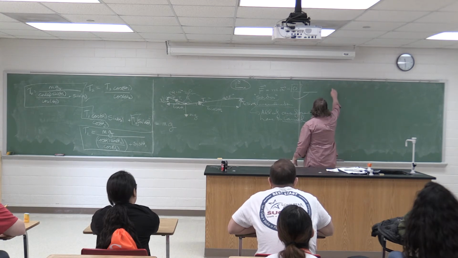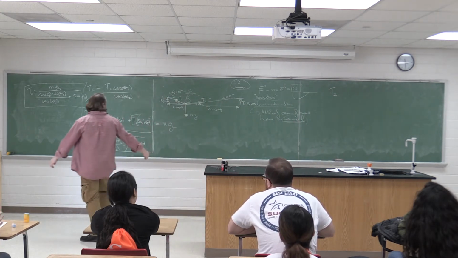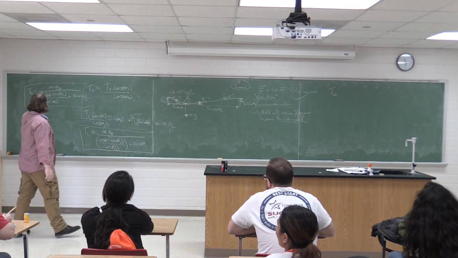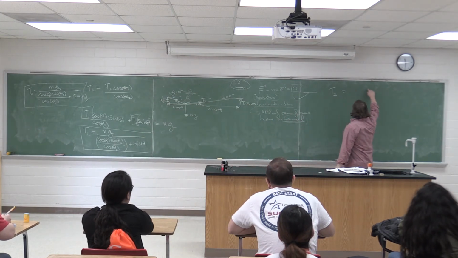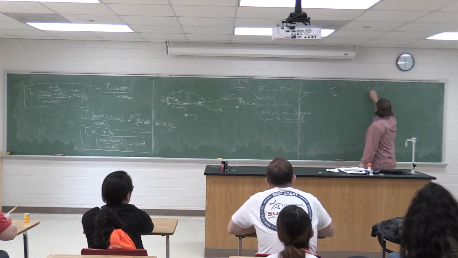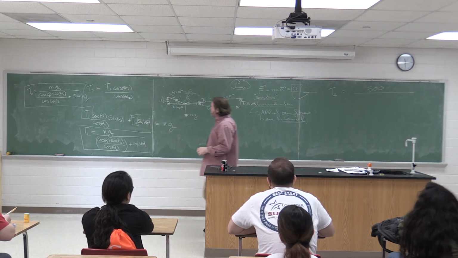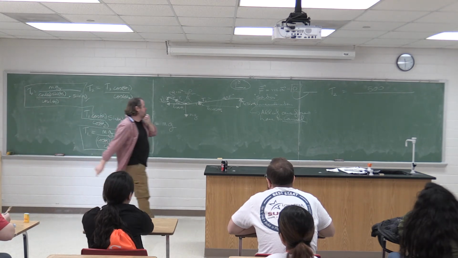So, let's solve for T2, let's say. mg was 500. Cos theta 2.